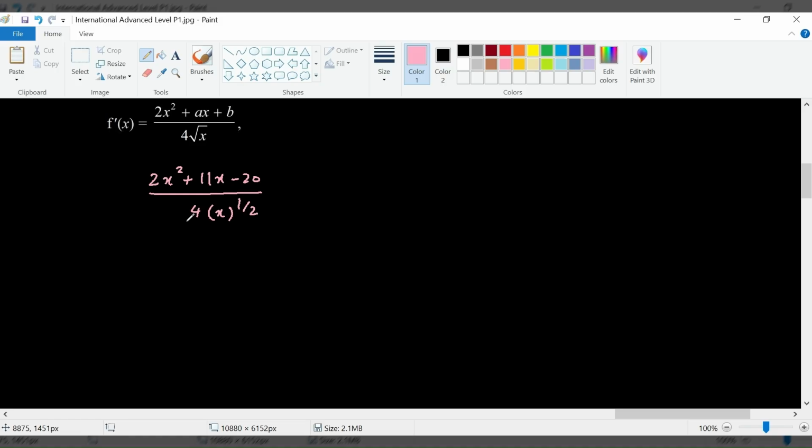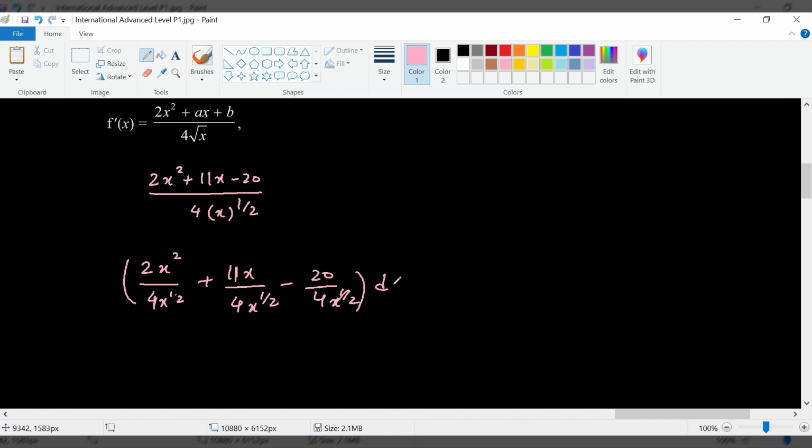And I have a reason for this, because 4x to the power 1 over 2 is for all three of them. So I can write this 2x square over 4x to the power 1 over 2, and this is plus 11x over 4x to the power 1 over 2, and then minus 20 over 4x to the power 1 over 2.